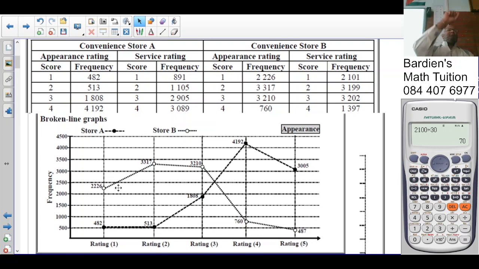So what you do is you plot these points, then you take a ruler and make a dotted line from one point to the next point. So you take your ruler here and we draw a broken line graph. Can you see it? Then we connect those values and so on. Okay? Does it make sense? Yes.